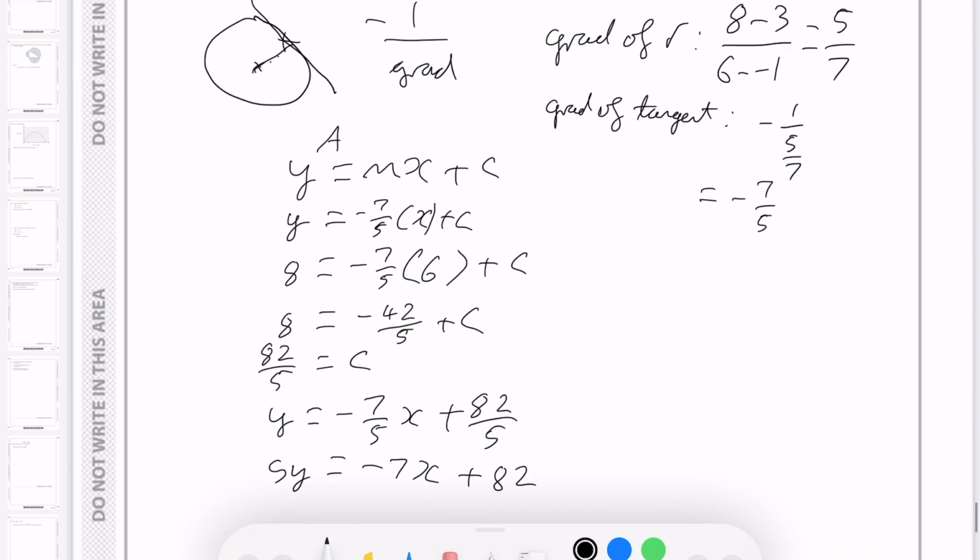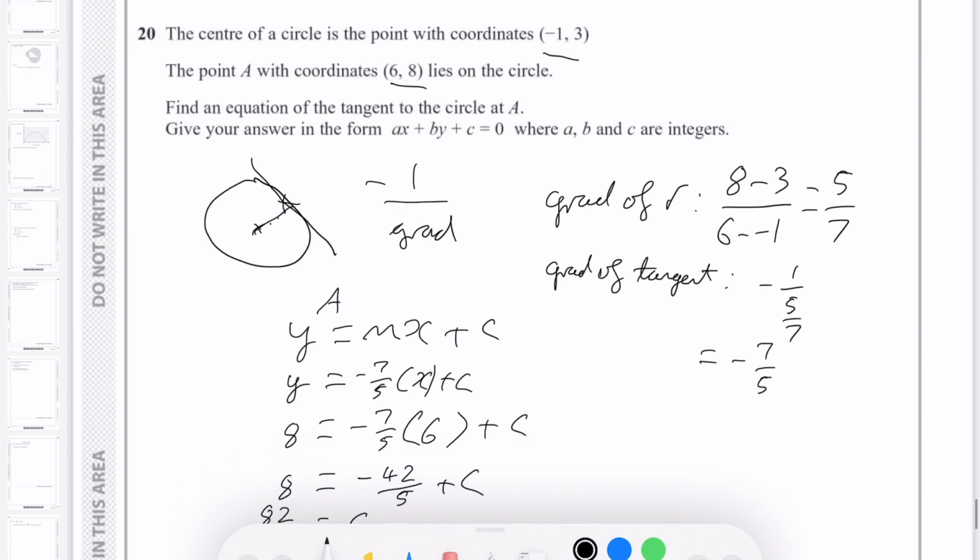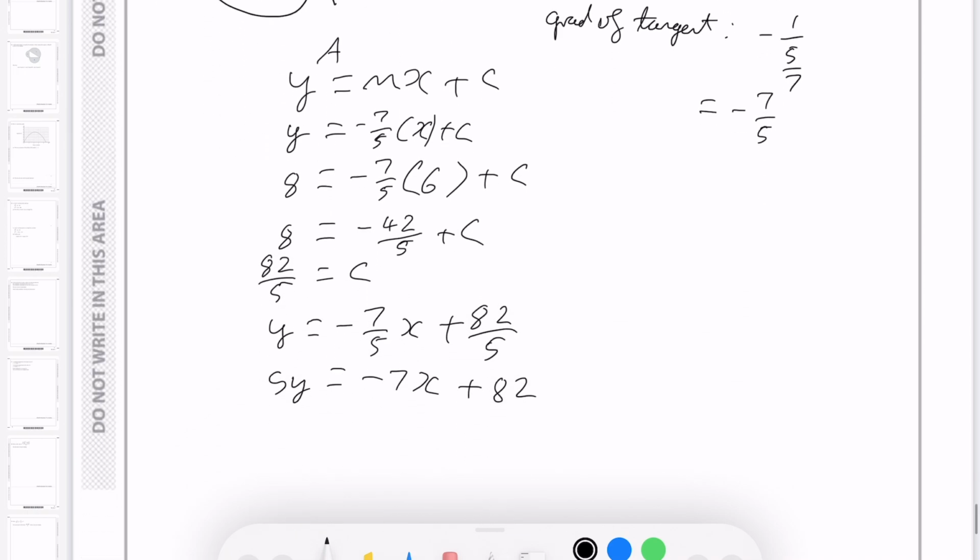Now, always check the question to see what form they want the answer in. ax plus by plus c is equal to 0. So ax first, so that's 7x if we add that across the other side, plus the 5y minus 82 is equal to 0. So that is our answer.